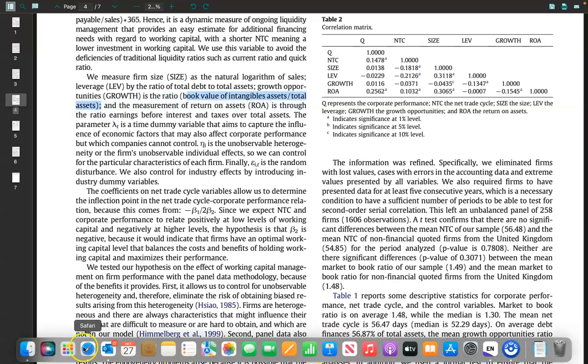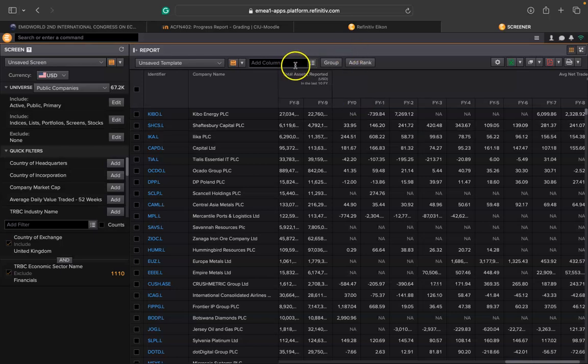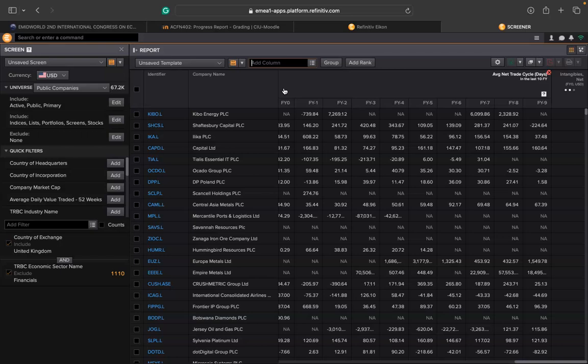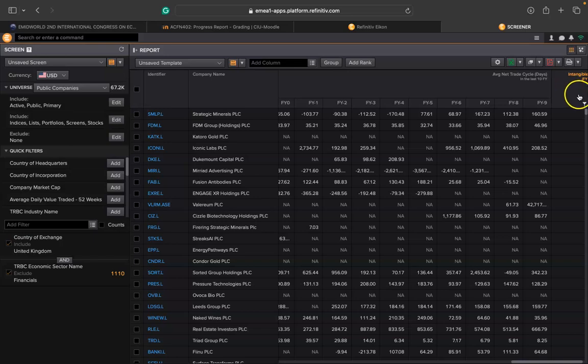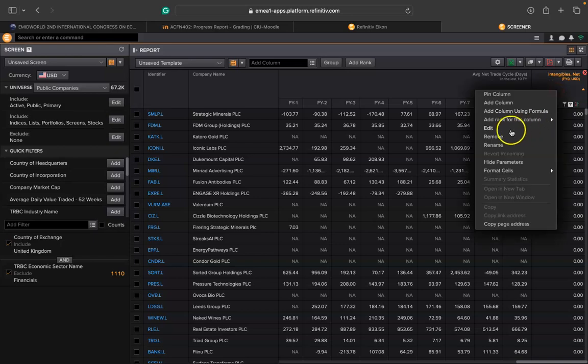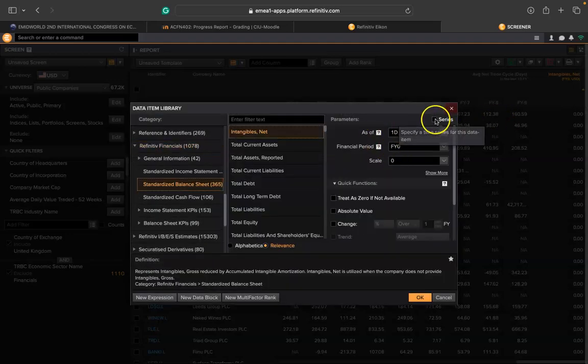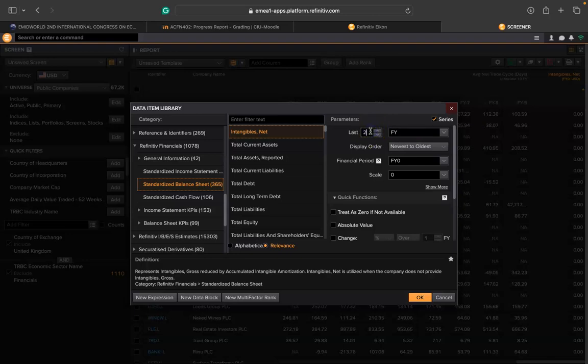So what I have to download over here is the intangible assets. Intangibles net. Now I can just select this one. Well, I can edit, then select the 10 years and click OK.